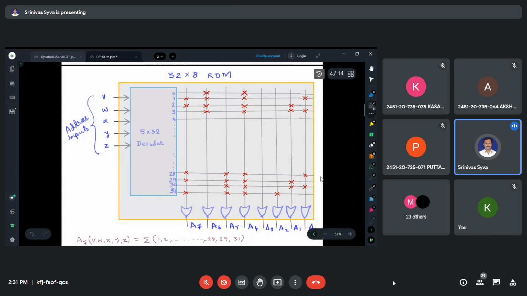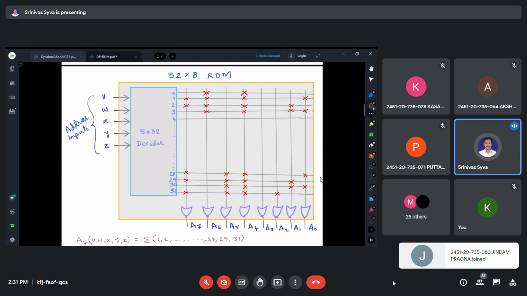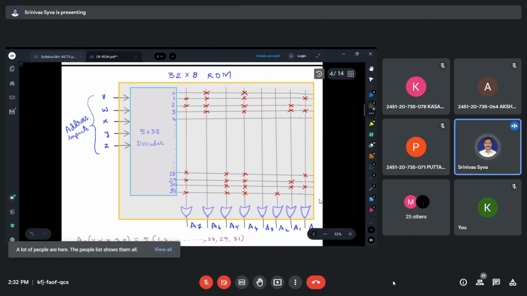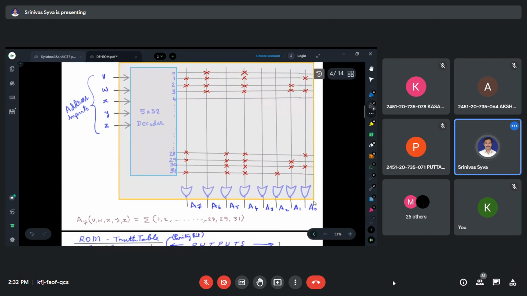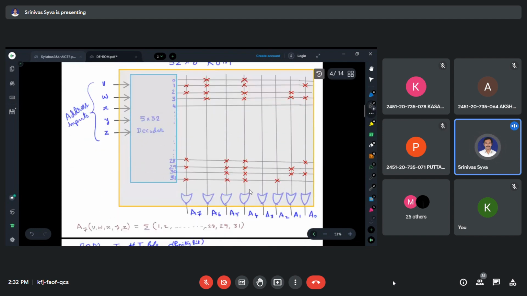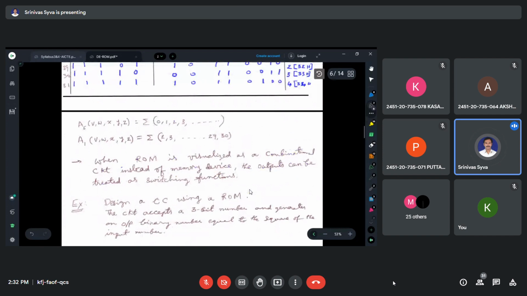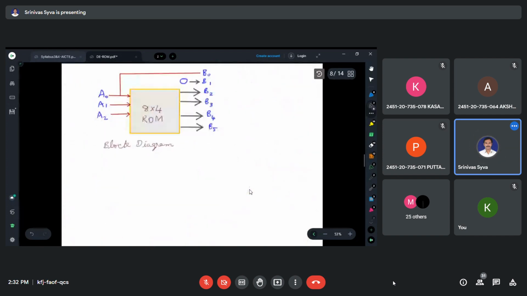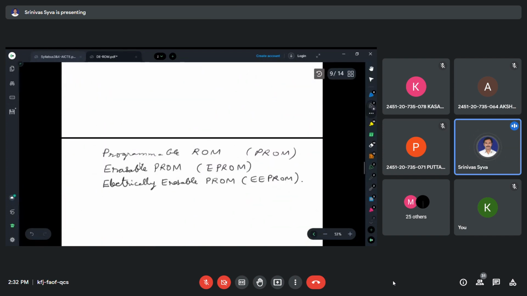Suppose he wants some kind of ROM with a certain bit pattern stored inside it. That bit pattern can be decided by the user itself. That's why this device is known as programmable ROM. The manufacturer will provide it in this format, programmable read-only memory.